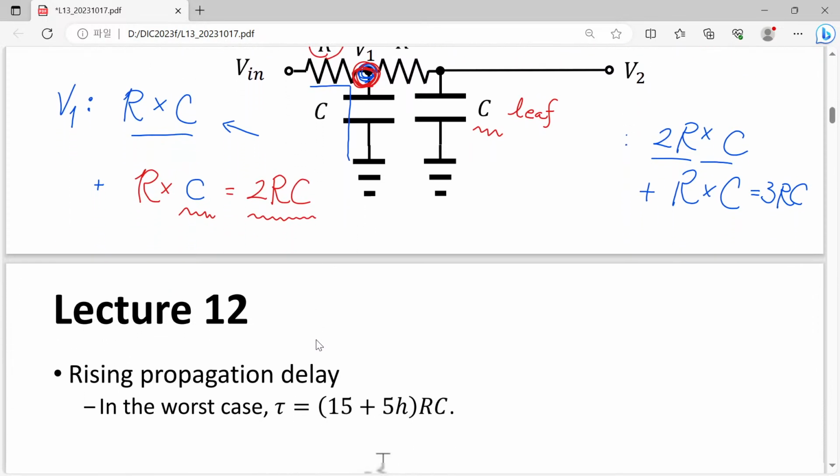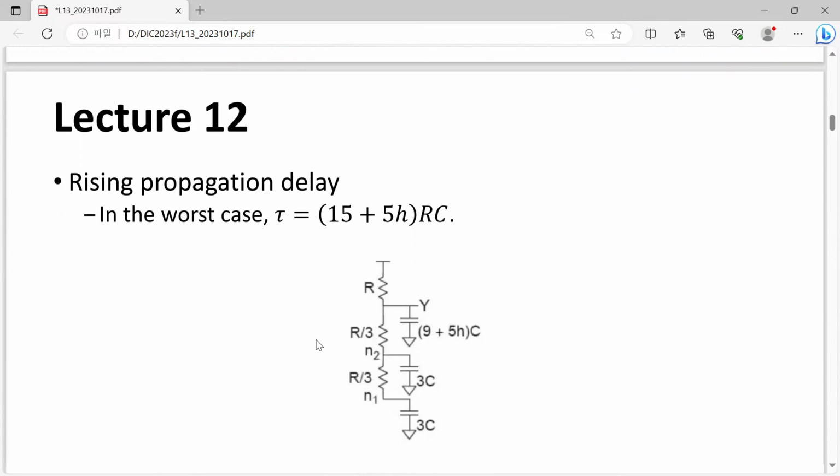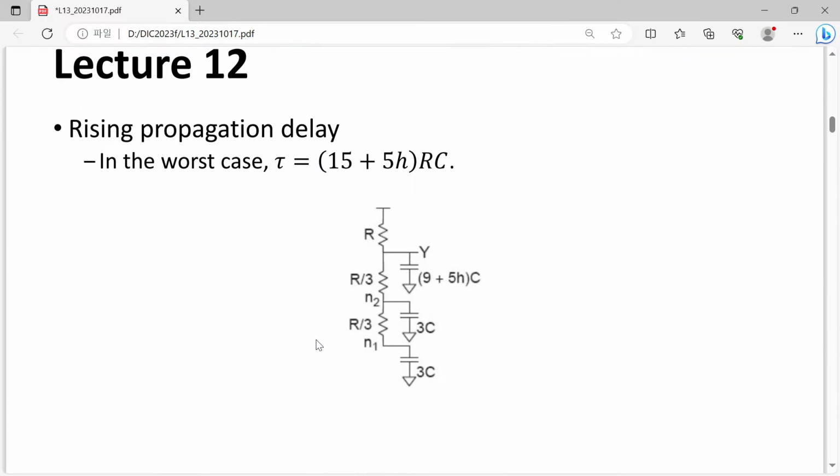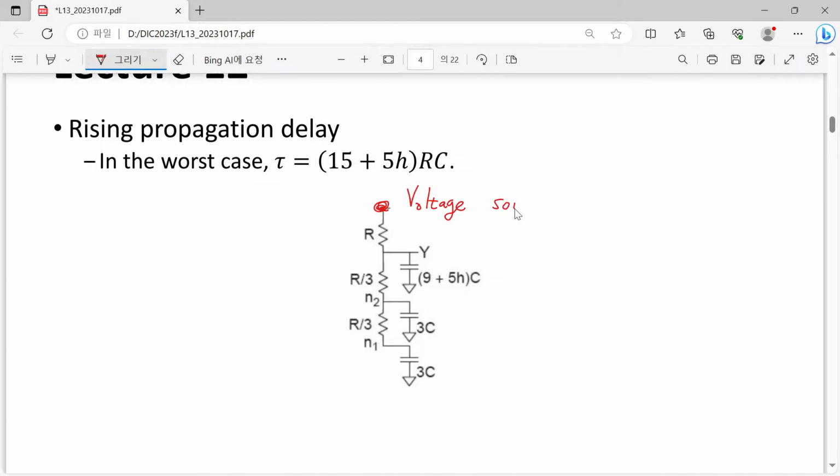Then if we adopt this, I want to correct my previous lecture content. Let's consider this, which originated from our NAND example. This is once again the voltage source, and this Y node is charged.